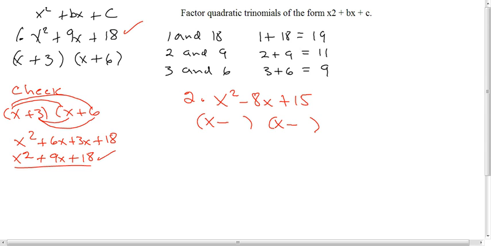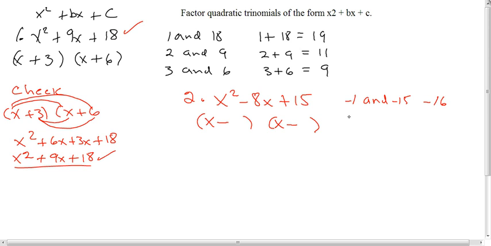Okay, so let's take a look at 15. We said we want to do it mentally, but one more time we'll do it. We have 1 and 15, but if you add 1 and 15, you're going to get 16, and we can say these are negative, and we'll get a negative 16.